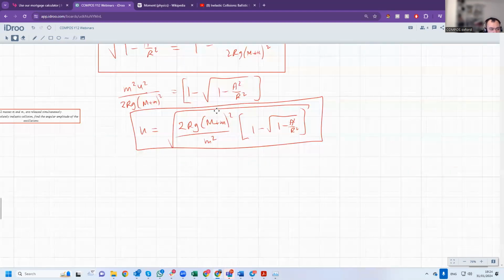Let's see if we can do this formula. 2 multiplied by 1.5 multiplied by bracket 405 squared divided by 5 squared multiplied by open bracket 1 minus the square root of 1 minus amplitude 8 over 150 squared.